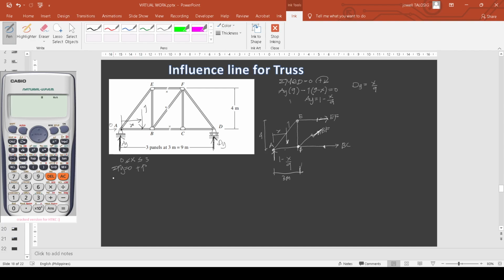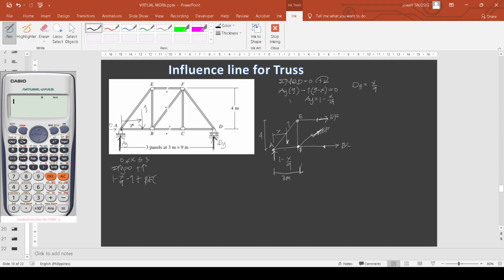So we have AY, that's 1 minus x over 9, minus 1 because of the unit load. And then plus member BF, its vertical component, that is BF times the vertical component. So this is 3, this is 4.